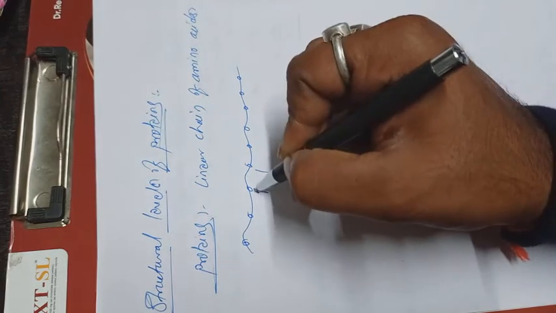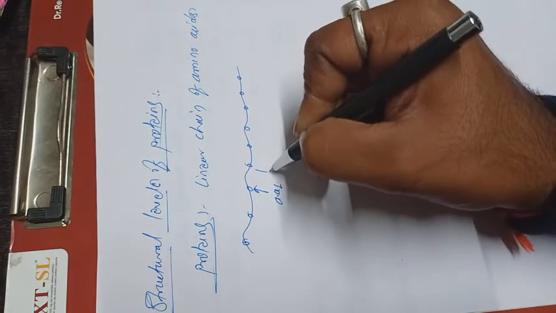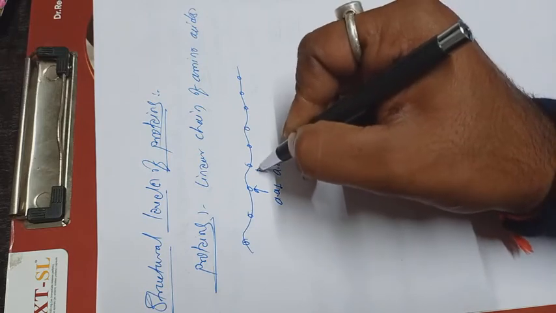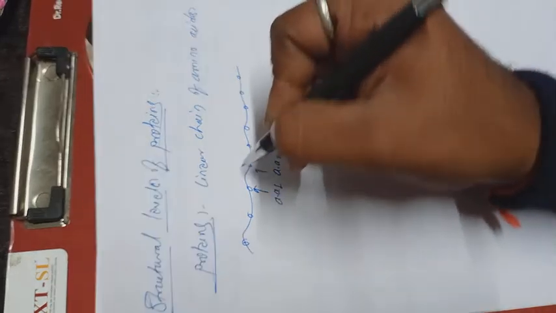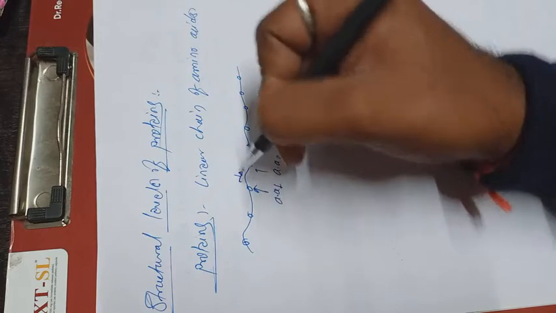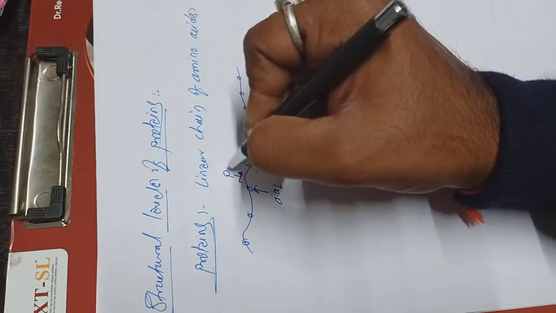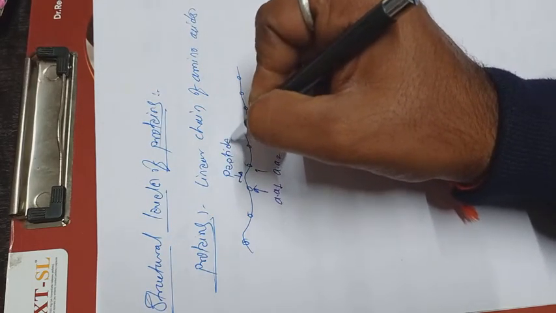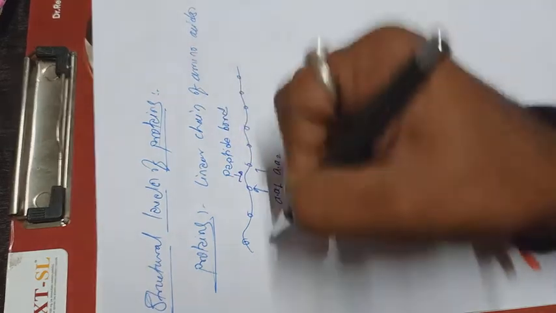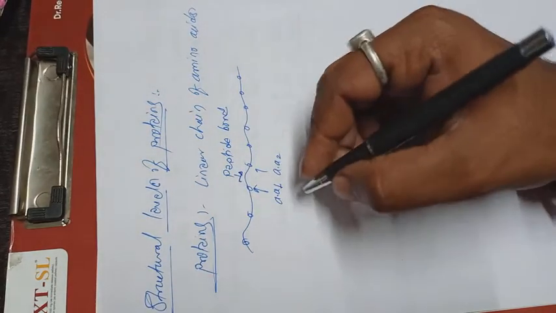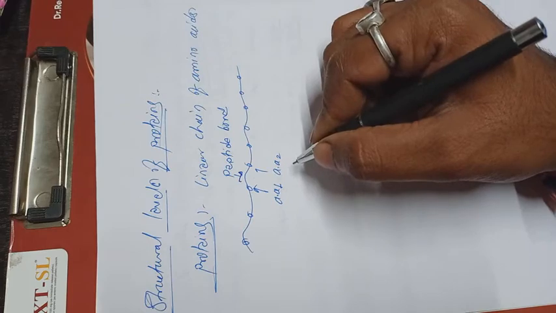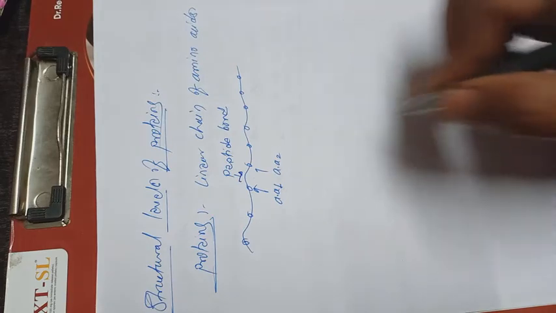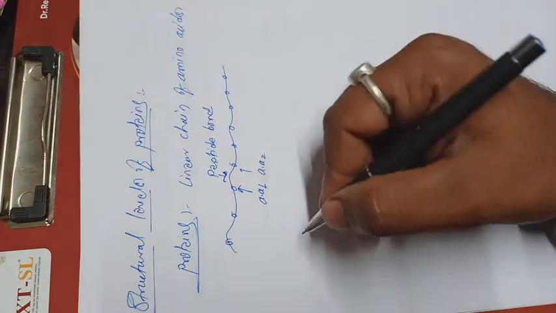For example, amino acid 1, amino acid 2, up to n number of amino acids. Here is a peptide bond. It is a linear chain of amino acids, and when this linear chain is folded in a specific manner, it is known as a secondary structure.